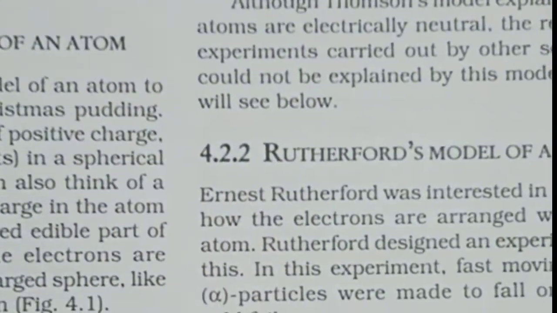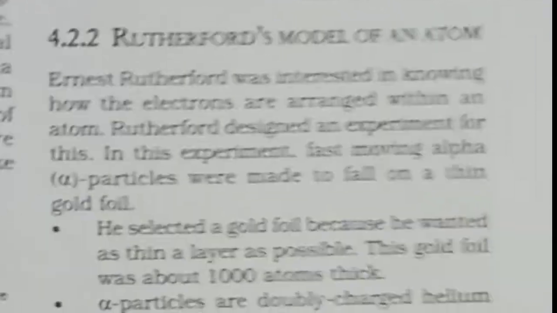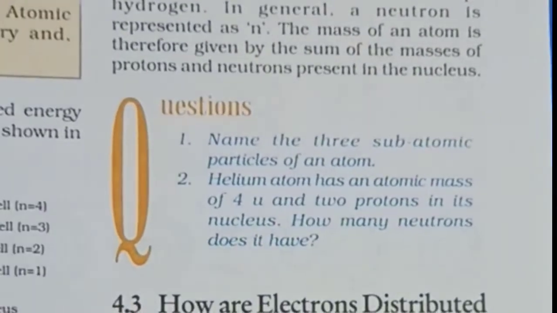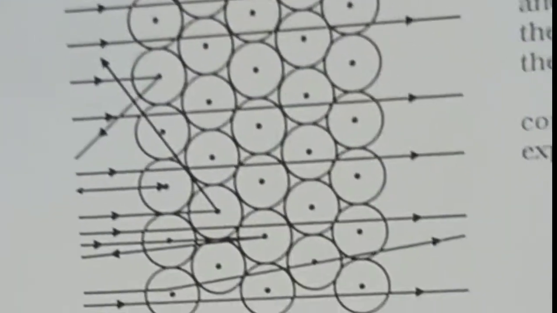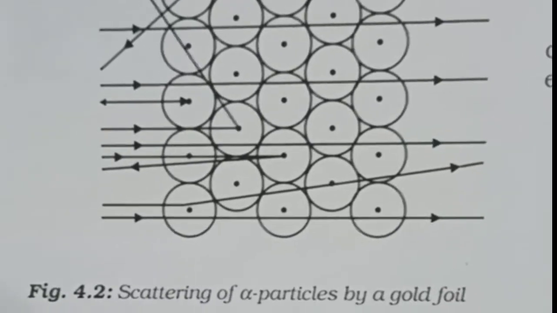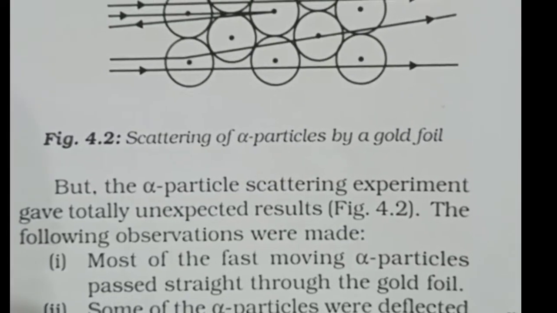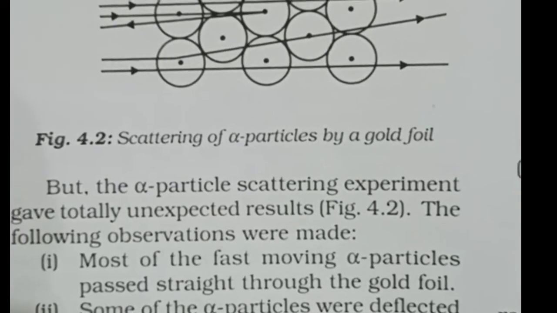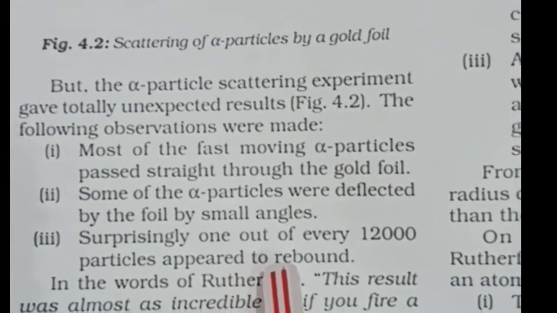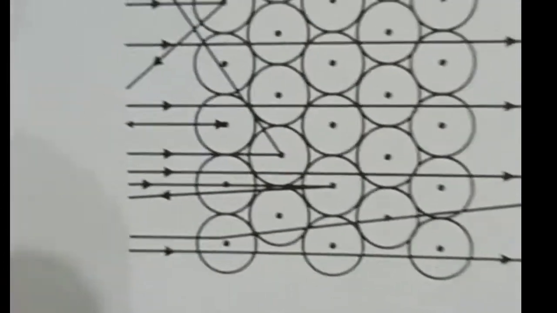It was also found that a few alpha particles, as you can see in the diagram, were deflected by the foil by small angles. The third thing found was that 1 out of every 12,000 particles appeared to rebound. See the diagram here nicely.